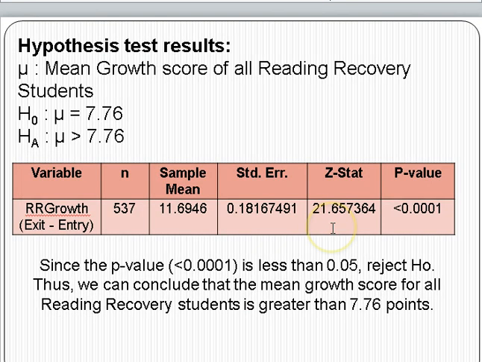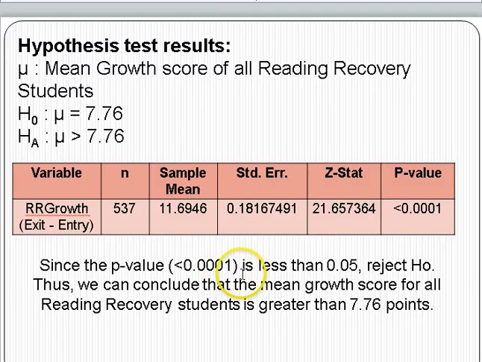Okay, a sample mean of 11.69 is a z-score of about 21, so about 21 standard deviations greater than the true mean, if this is the true mean. The standard error is actually the standard deviation of the sampling distribution. Okay, the p-value is less than 0.0001, so to 4 decimal places it's basically less than 0.0001.